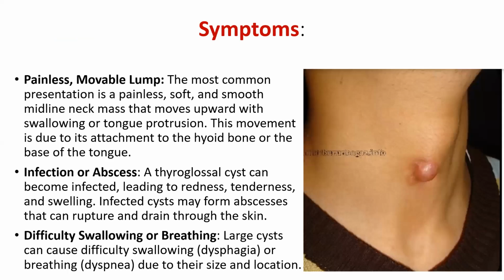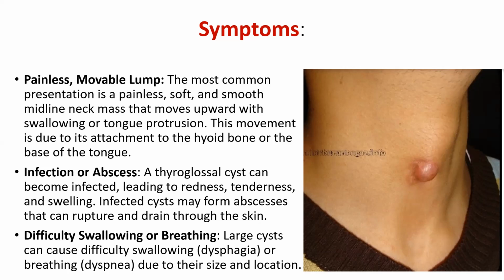So symptoms. As we've said, this duct may accumulate fluid to become a cyst, and once the cyst is not infected, it's usually painless. It's a movable lump in the anterior neck, most commonly soft and smooth.